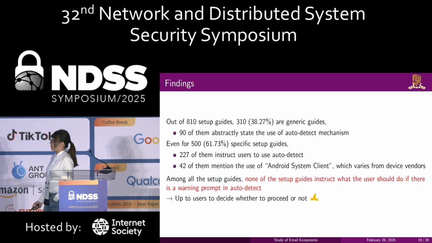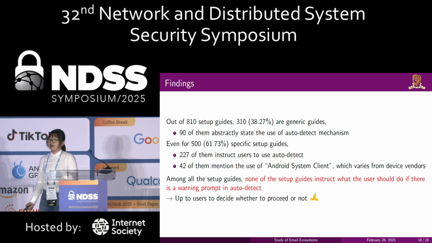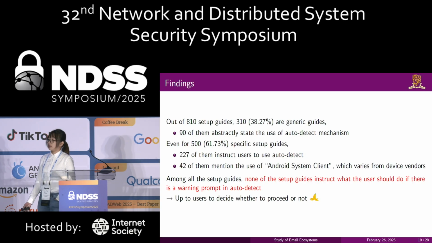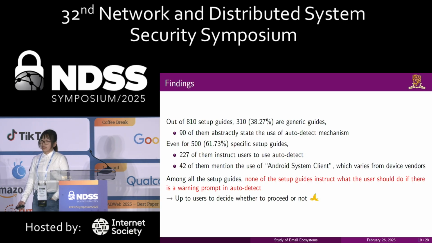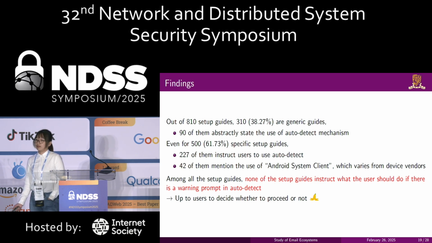Surprisingly, we found that even with the use of auto-detect, none of them guide users on what they should do when a warning prompt appears. So if users continue with the connection without knowing anything, they will easily expose their credentials on the network traffic.